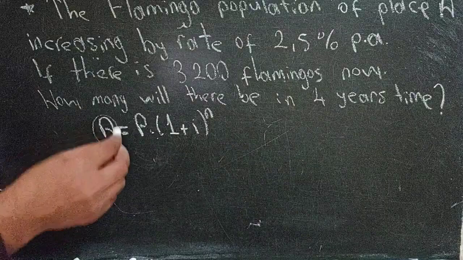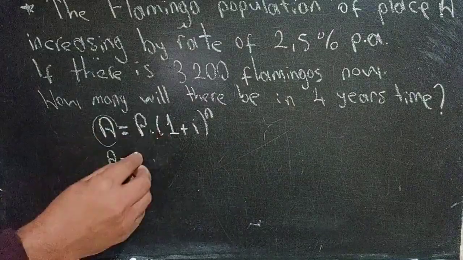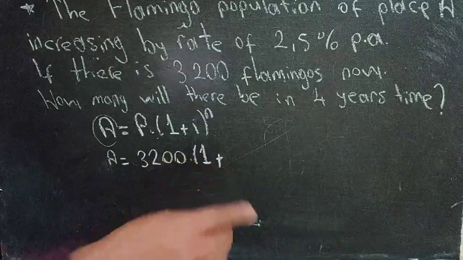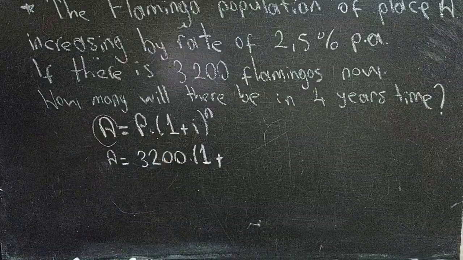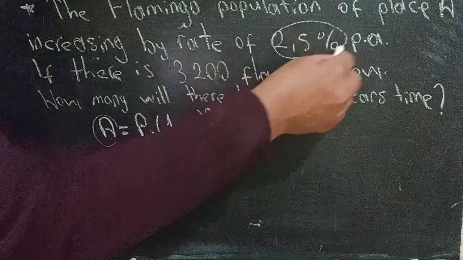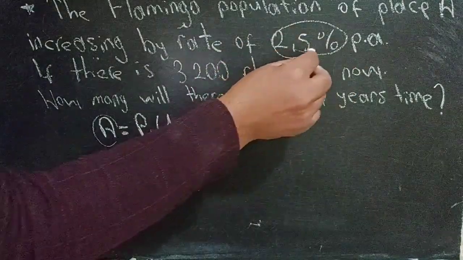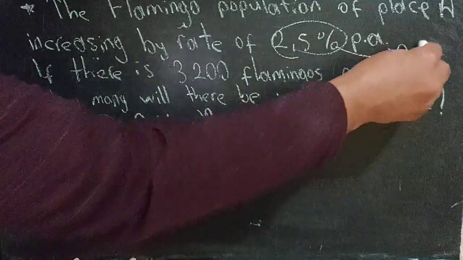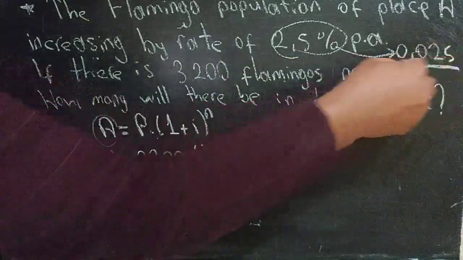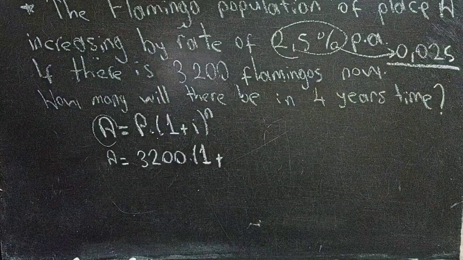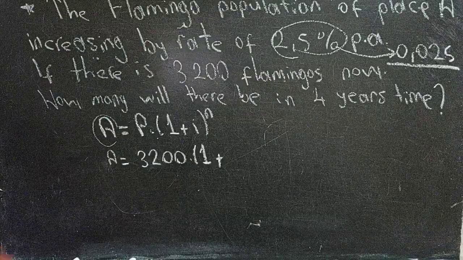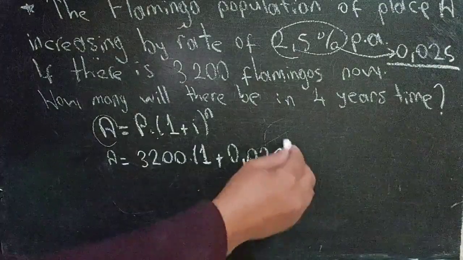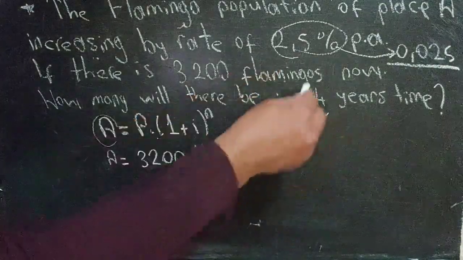So after, we don't know; previous we know, 3,200, times 1 plus, remember I told you that you need to convert this into a decimal number. 2.5% will be 0.025 in decimal number. So I'm going to put that there, 0.025, power, how many years? 4.